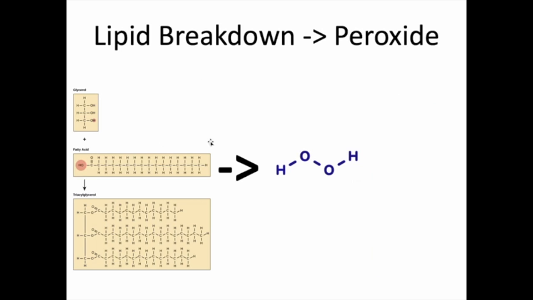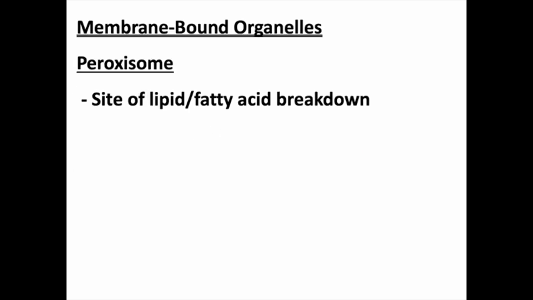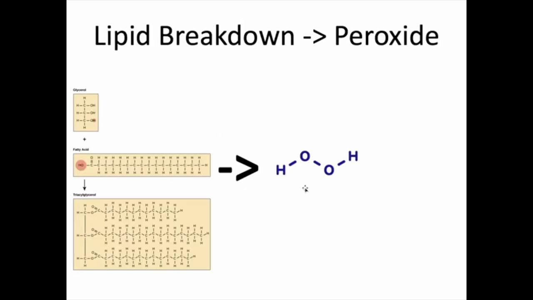And when you're breaking down lipids, you're generating this nasty, dangerous chemical inside of your cells. And that's a liability. We don't want this causing havoc on all the other stuff within our cell. So that's why we have peroxisomes for lipid and fatty acid breakdown, so we could generate this byproduct and safely, in a secure way, neutralize it.